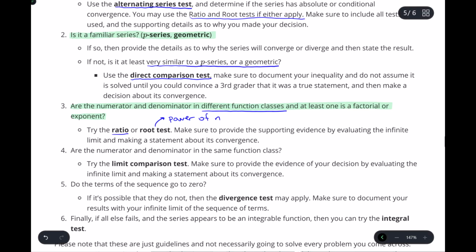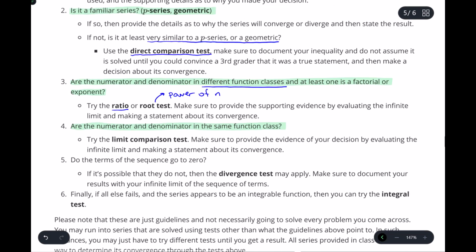But if the numerator and denominator are in the same function class, well then the ratio test generally doesn't give a result in that situation. The limit comparison test is actually very good in that situation. But this might overlap with some that you might originally have seen that the direct comparison test was worthwhile to use.